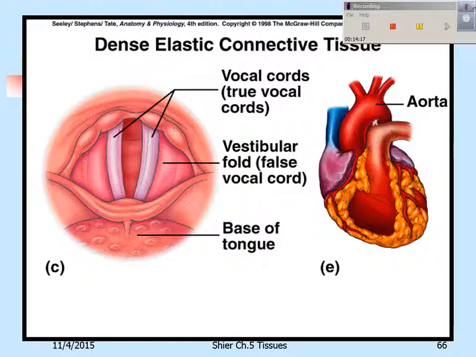Whenever you do a big race or you work out really hard, you're going to be pumping a lot more blood at a much higher pressure through your aorta. So it needs to be able to stretch, and then after you cool down, it needs to return back to its regular shape. So that's one of the reasons we have dense connective tissue here. It has to be able to withstand a large amount of force and pressure, but also go back to its original shape.